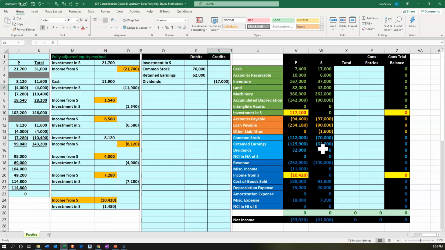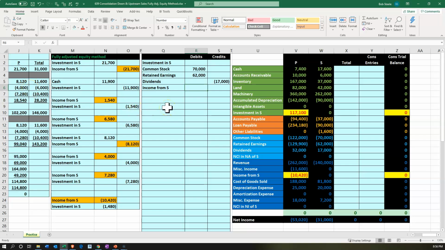And if we follow suit to what we've done in the past, I'm going to pick up the income from S, and I'm just going to use this number down here. I'm not going to tie into this number. I'm just going to use this number down below and use our percentage of it. So we would typically think this is how we would normally do it. We would adjust it here for our adjusting entry. But I'm going to do that in a two-step process here.